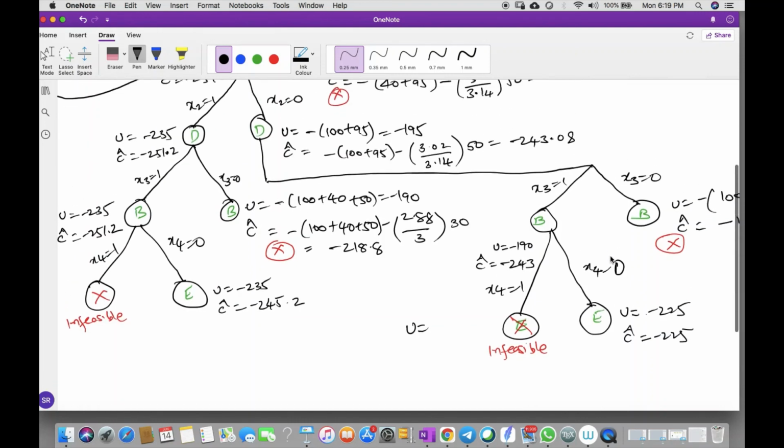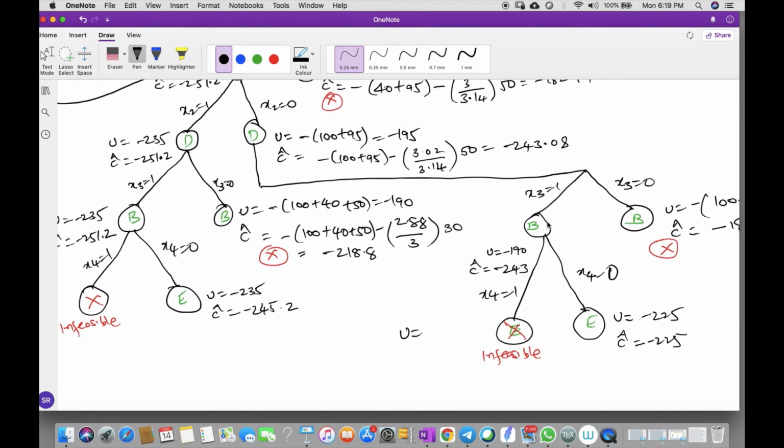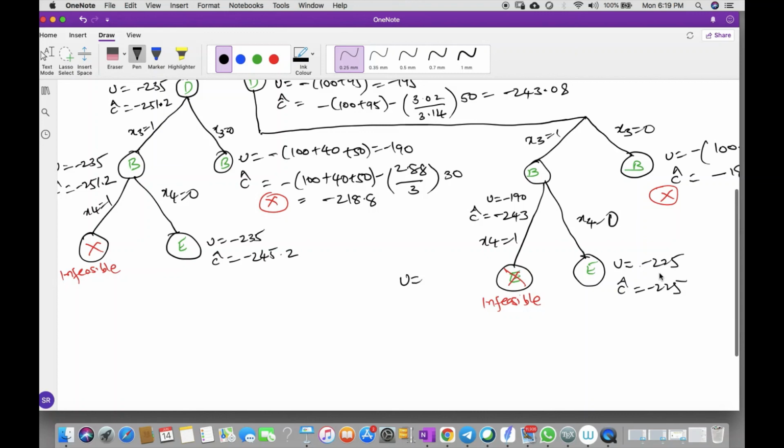This we can compute easily when x1 is 1, x2 is 0, x3 is 1 and x4 is 0. If we sum up, we get u as minus 225 and there is no fractional part left over, so we get C cap as minus 225. You can see here C cap is once again greater than the upper which we have, which is minus 235, so therefore we can kill this particular node.